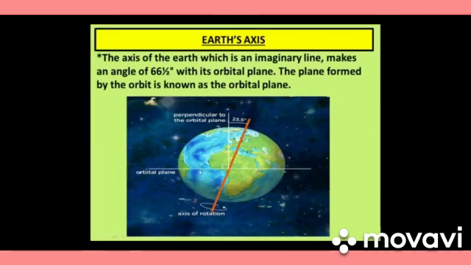Now did you understand what the orbital plane is? The axis of the Earth, which is an imaginary line, makes an angle of 66.5 degrees with its orbital plane. So this line is known as the orbital plane.